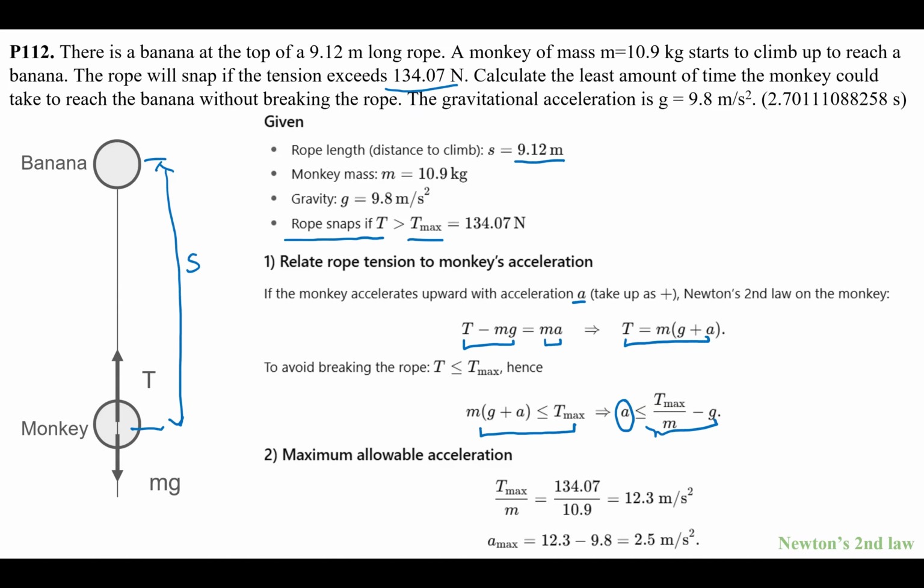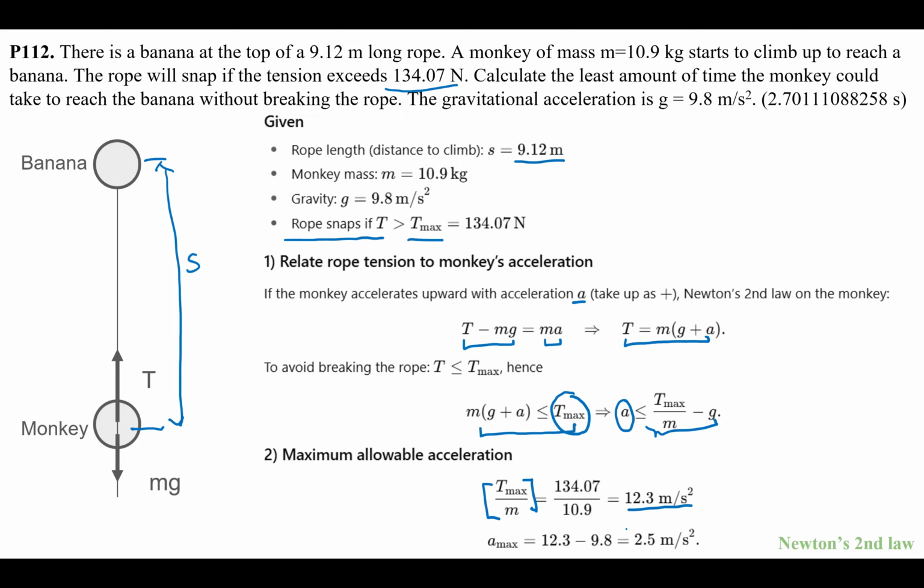Note that this is one thing we need to find out. The maximum allowable acceleration you can think of as T max, the force, divided by m, and then we have this range.